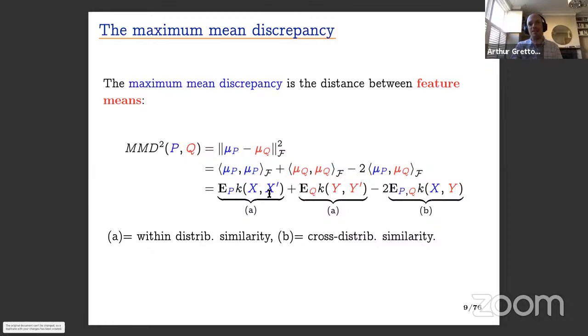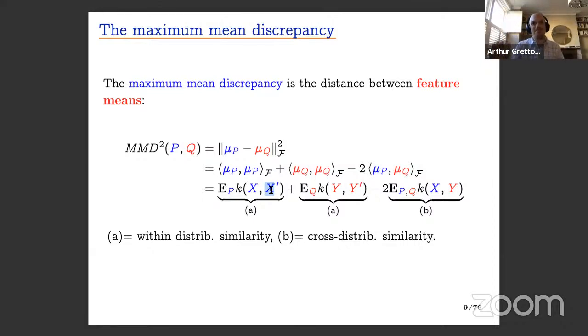However, they need to be independent of each other. So remember, I've got the expected features of p, the expected features of p. These 2 expectations are independent. So when I have an expected kernel, these 2 variables have to remain independent of each other. So E of x squared is not the same as bracket E of x and then square.